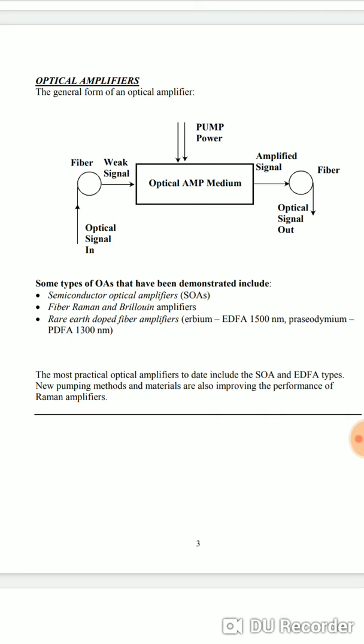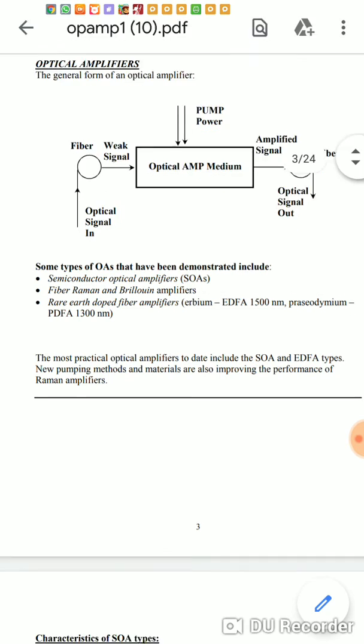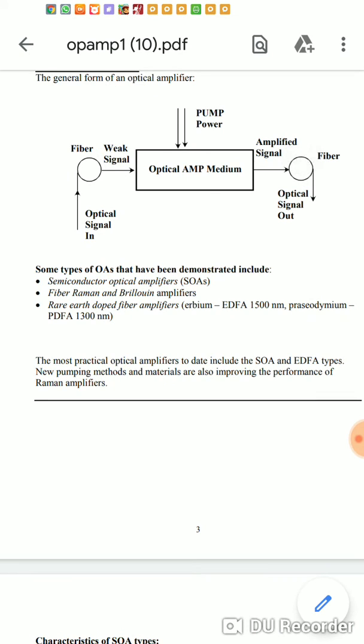Pumping process means that we know most of the light we get at the output is when the transition of electron is from higher energy state to lower energy state, so our expected condition is that n2 should be greater than n1, but the actual condition is that n2 is less than n1.